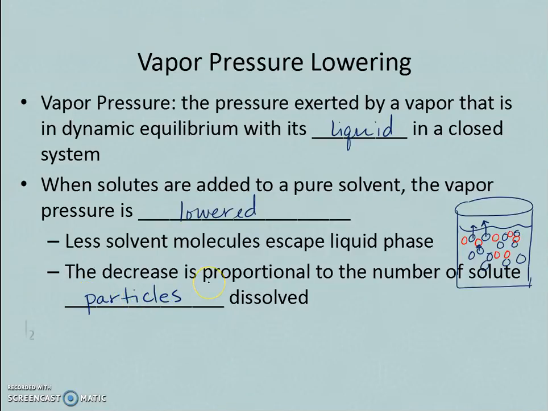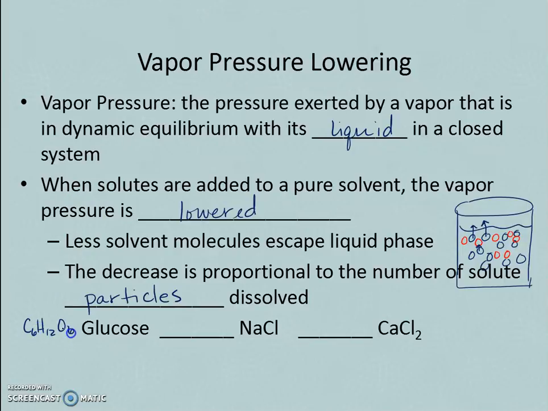Well, let's talk about that. Here we have glucose, we have sodium chloride, and we have calcium chloride. Glucose is C6H12O6. Glucose is not an ionic compound. It is a molecular compound, a molecular solid.